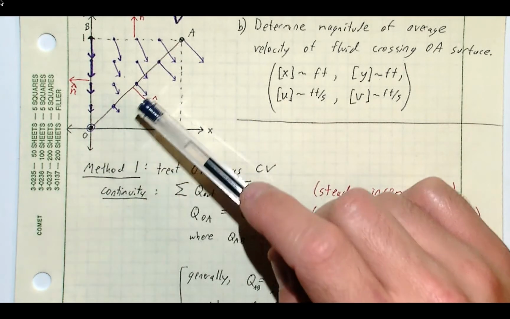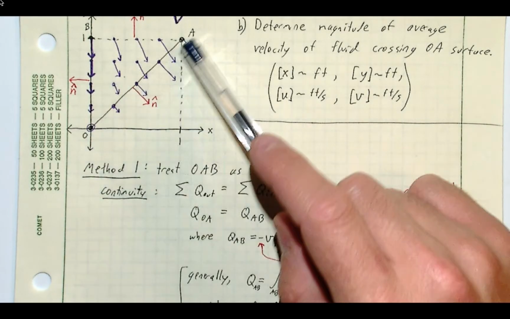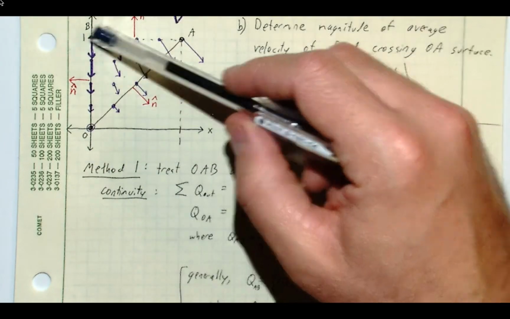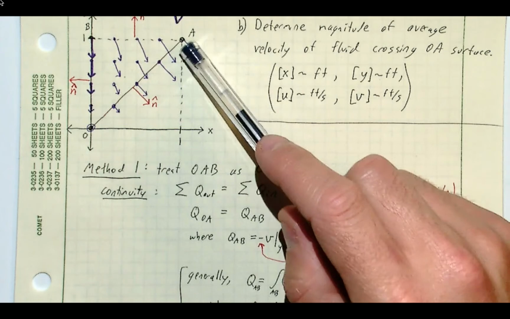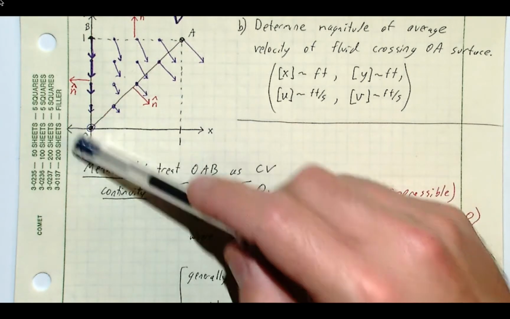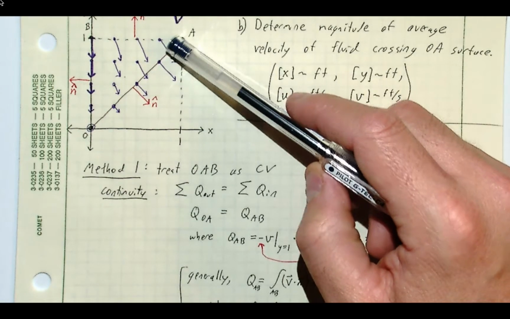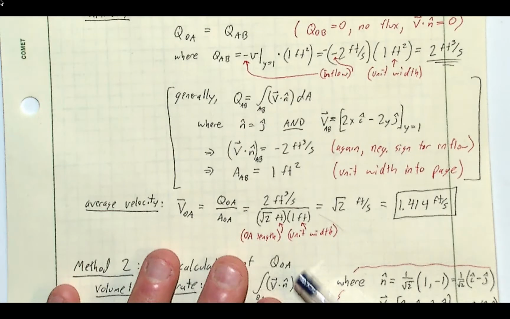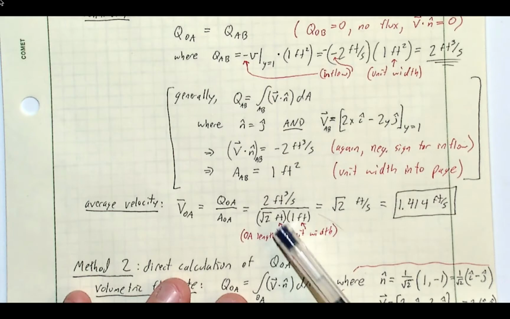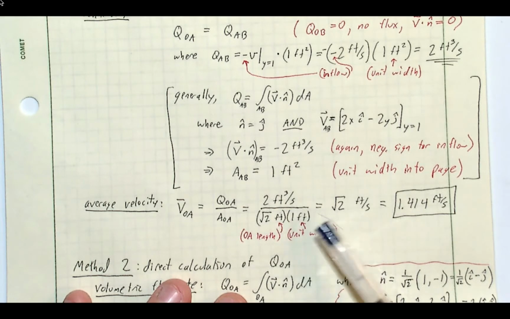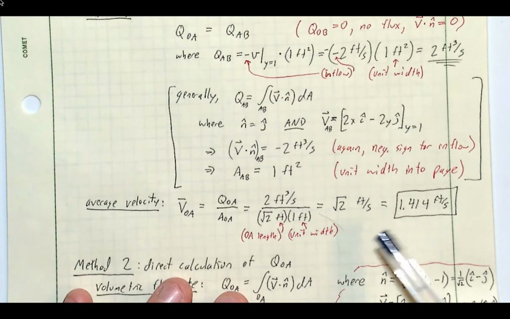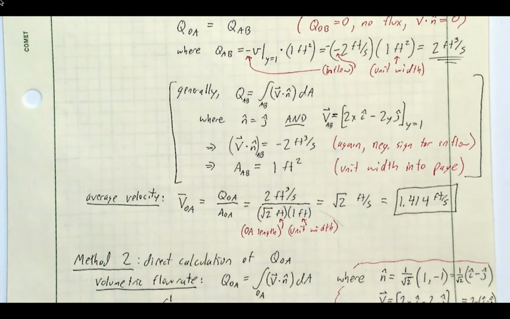It's 1 foot unit width into the page, but this distance here, well, we have a triangle that's 1 foot by 1 foot, so this length is square root of 2. 1 squared plus 1 squared is 2, and then we take the square root from Pythagorean theorem, right? Okay, so the OA length is root 2, the unit width in the page is 1. We have 2 over root 2, which is just root 2 feet per second, or 1.414 feet per second is our average velocity.